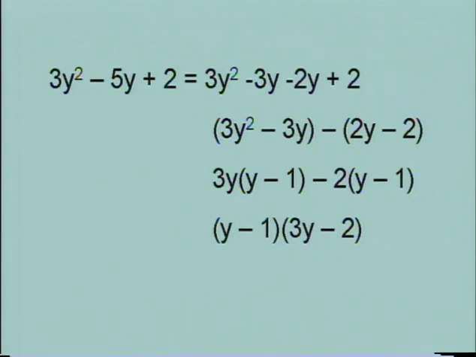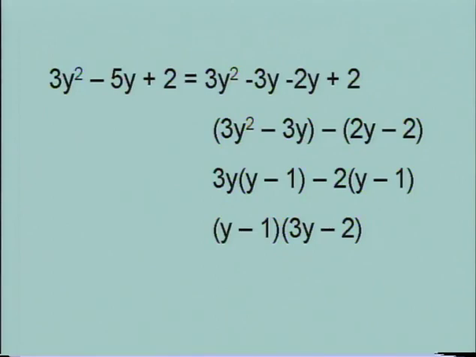In the second group, we are introducing the bracket again, noting that there's a minus in front. And when there's a minus in front of the bracket, and we want to insert the bracket, we'll have to change that plus 2 to minus 2. So the expression 3y squared minus 3y minus 2y plus 2 can be expressed as 3y squared minus 3y in brackets minus open brackets 2y minus 2 close brackets.